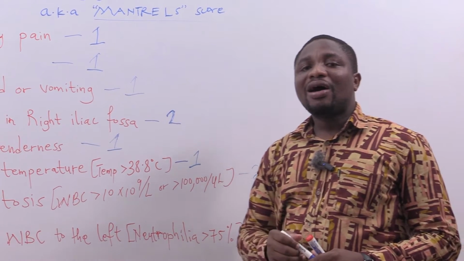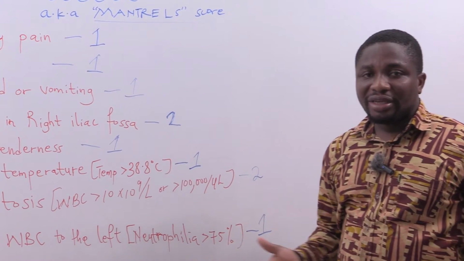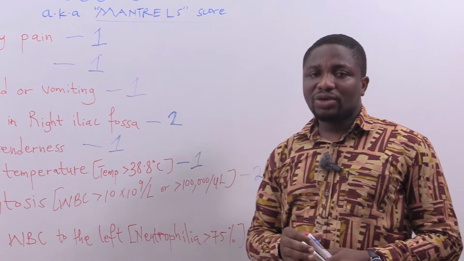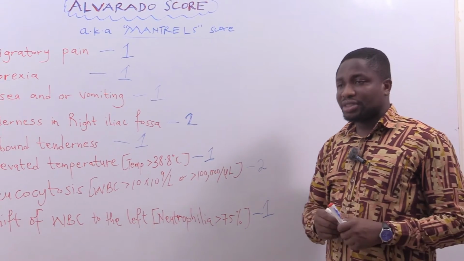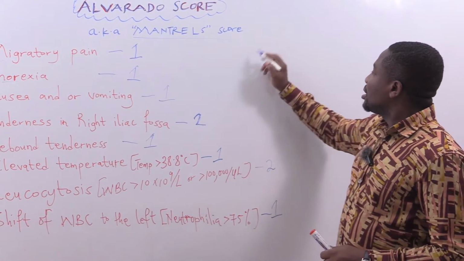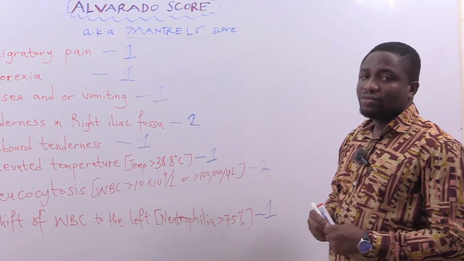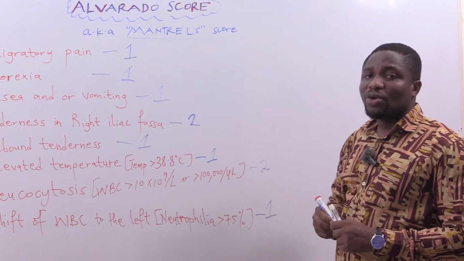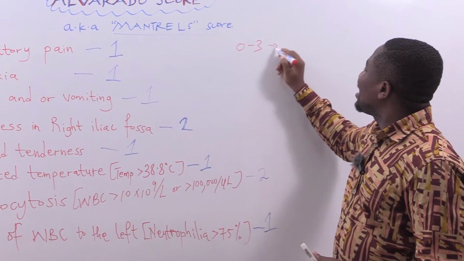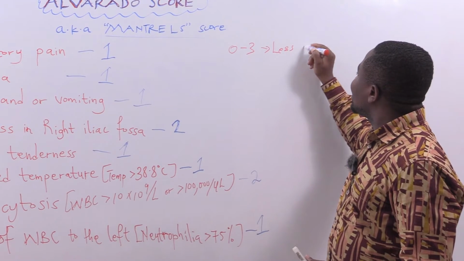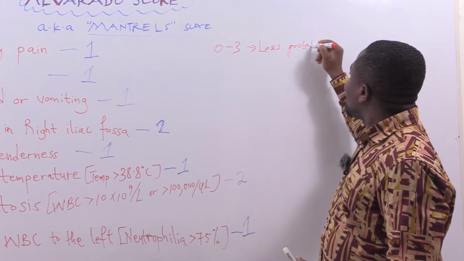Now, how do we interpret the score? So the interpretation is going to come in 3 forms. So the first one, if the total score, that is the total Alvarado score, ranges from 0 to 3, then we'll say appendicitis is less probable.